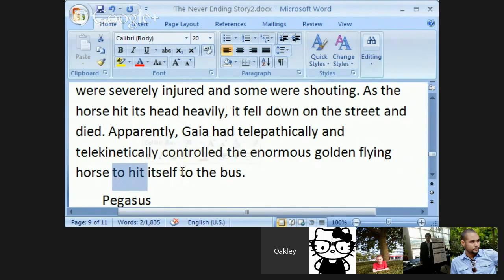To hit itself. Well, it doesn't hit itself, not to the bus. It's difficult to use reflexive pronouns in this way. And frankly, Demas, it's not really necessary. If we just get rid of itself: hit the bus. I see. That's a lot less complicated, straightforward, and easily understood. Be careful about using those reflexive pronouns.